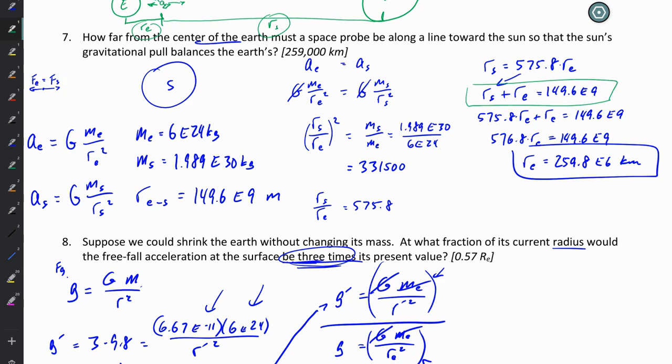And so basically we're setting the two forces equal to each other. The force towards the Earth is going to be equal to the force towards the sun. And using Fg, that is big G times m1 times m2 over r squared.